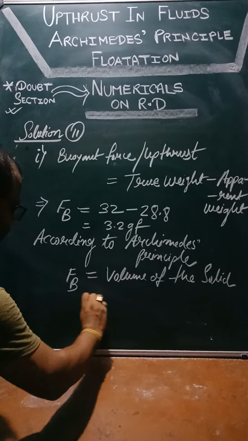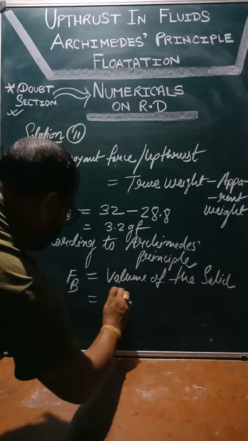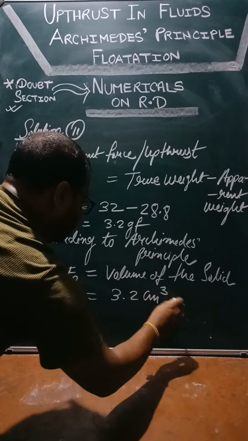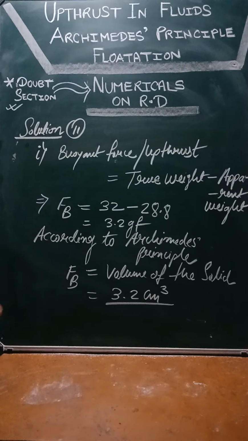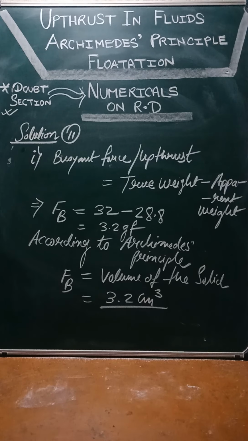The buoyant force is 3.2 gf. So we can write 3.2 centimeter cube. So this is the first part answer of the given numerical. Further, we'll go for the second part.